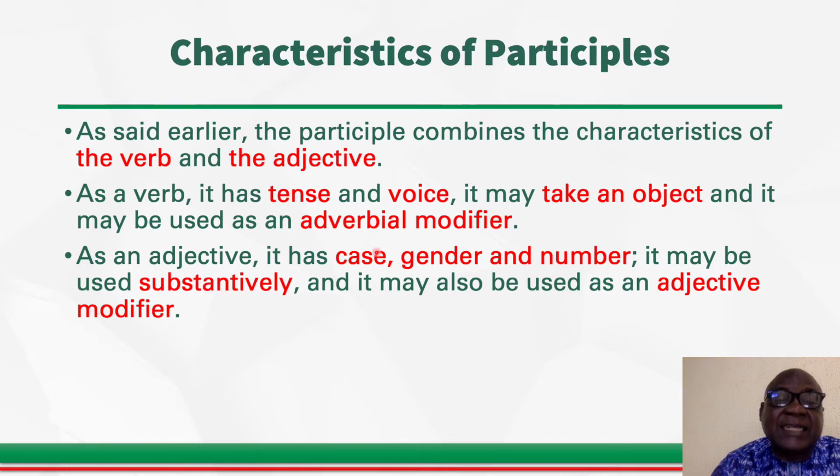And as an adjective, they have case, gender, number. They can be used substantively. They can also be used as an adjectival modifier. So that makes about 5 or 6 things to note: case, gender, number, substantive use, or adjectival modifier use.